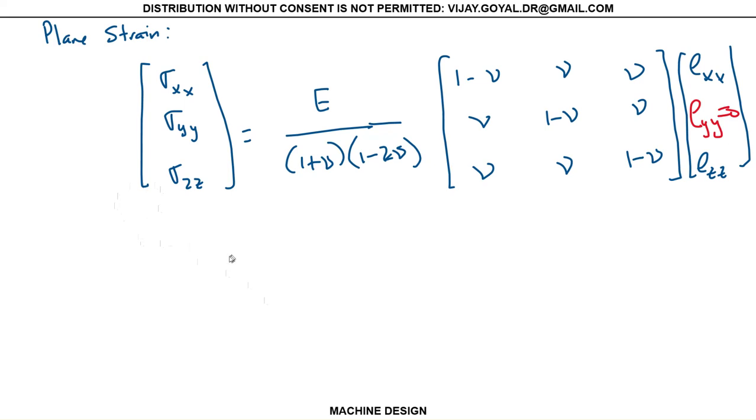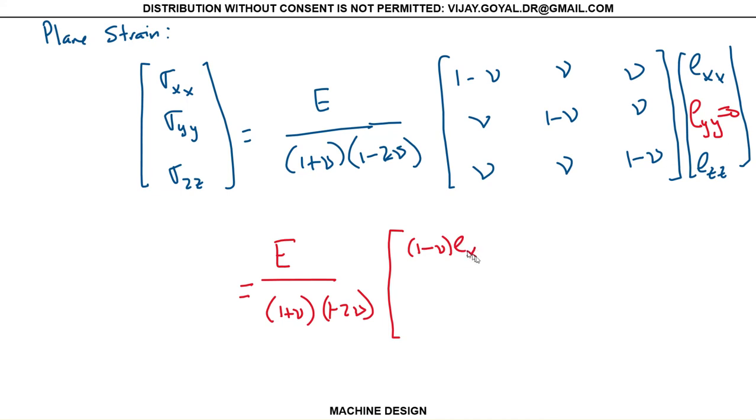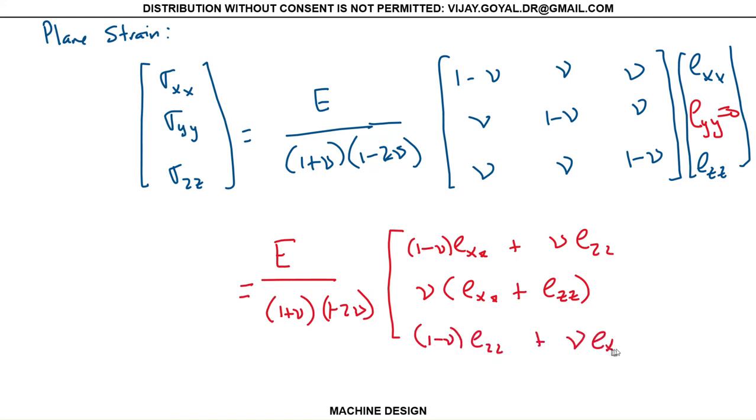Okay, so if I replace the values inside here, I find that the answer is nu multiply 1 minus nu times EXX plus nu EZZ, 1 minus nu EZZ, nu EXX plus EZZ, 1 minus nu EZZ, nu times EXX. Just to review the way we do this, we multiply matrices.